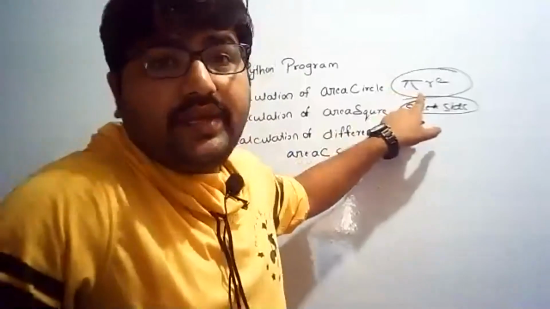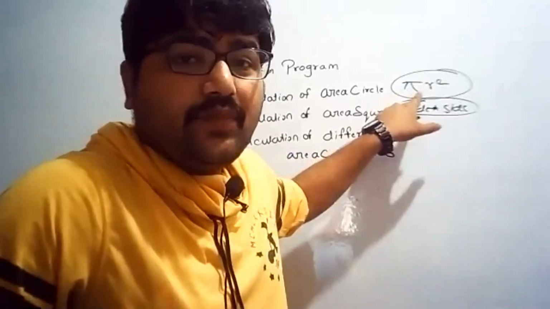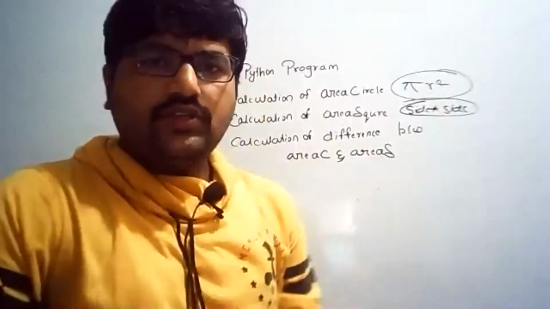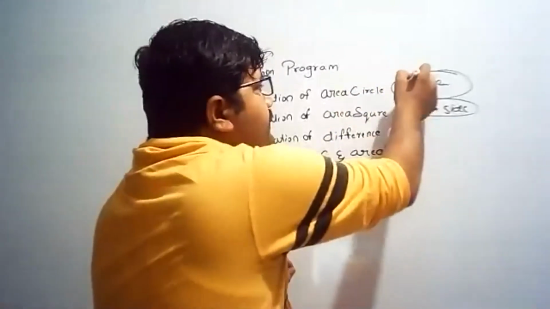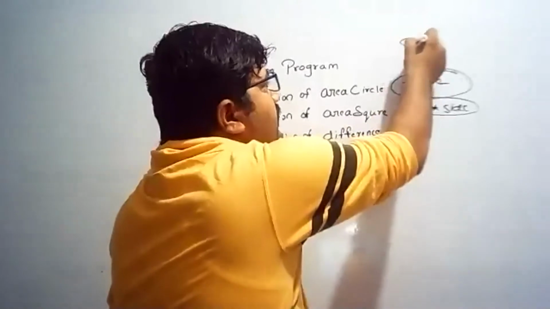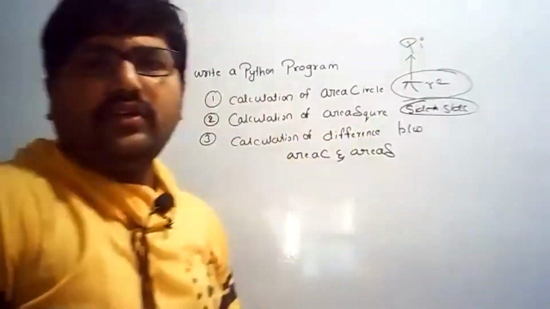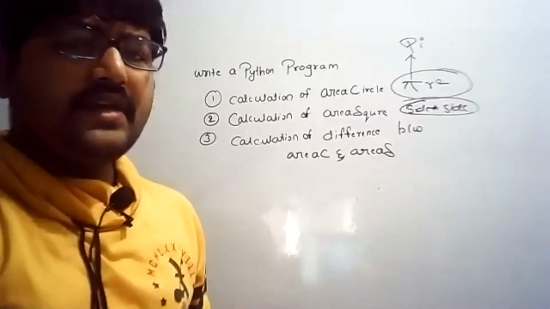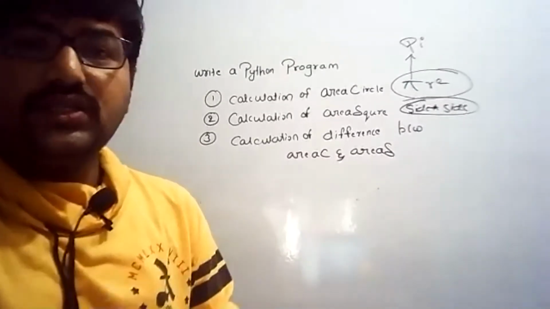Pi cannot be represented as this symbol because the computer does not have this symbol and cannot understand symbols. So what you are going to do now? You are going to take a variable pi. This is the basic thing you need to understand.